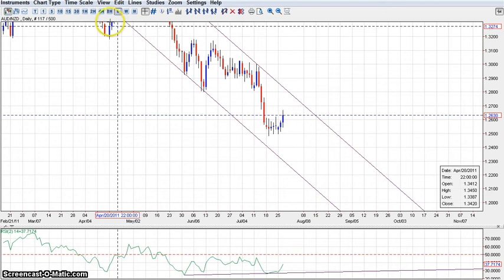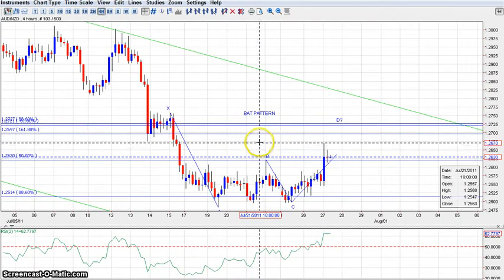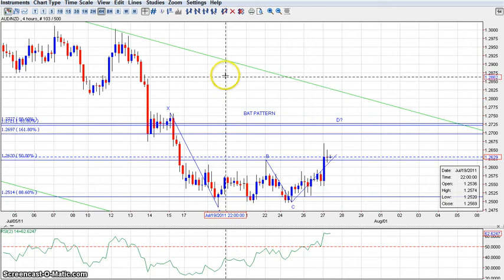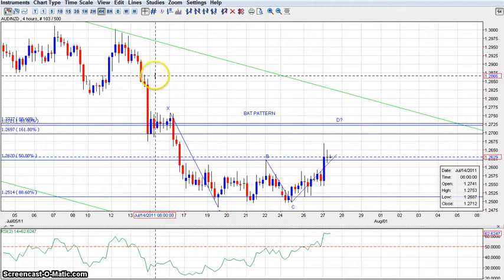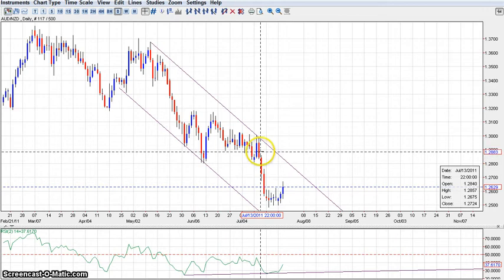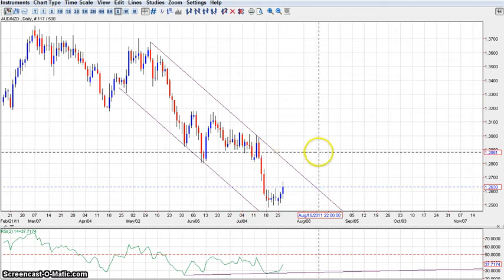So, entry orders at 1.2697 and 1.2727, stop loss at 1.2860, which is above this candle here, which coincides with that candle there that broke below this range.